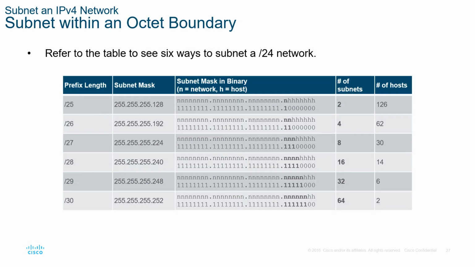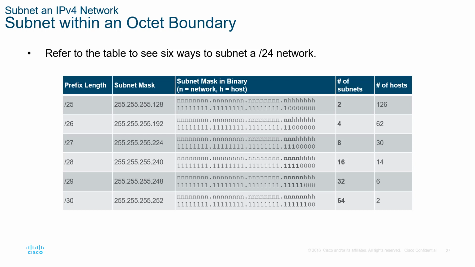So here we have our boundaries that are not attached to a specific octet. And here we have the number of subnets. For the number of subnets, you can look at the number of subnet bits, the ones.